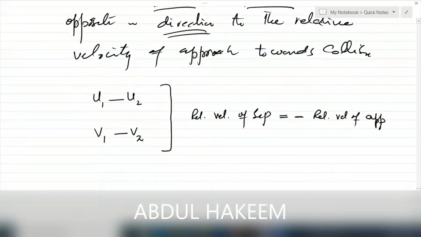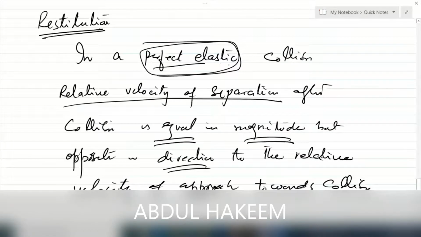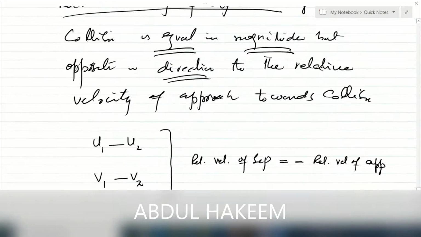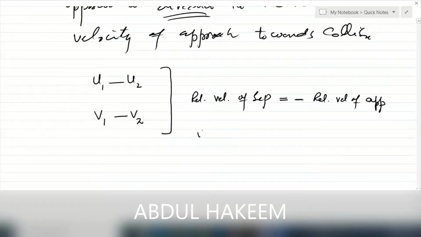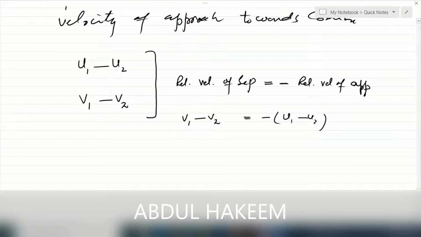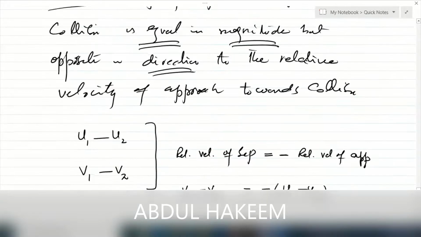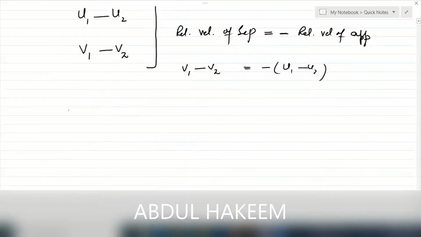But the type of the collision must be perfectly elastic. We can write v1 minus v2 is equal to minus (u1 minus u2). So this is the formula. If the velocity of separation is equal in magnitude but opposite in direction to the velocity of approach, then the collision is perfectly elastic. Otherwise, it is inelastic.